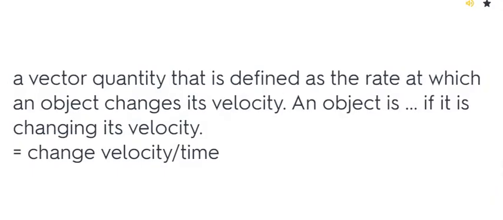Acceleration: a vector quantity that is defined as the rate at which an object changes its velocity. An object is accelerating if it is changing its velocity, a equals change in velocity over time.